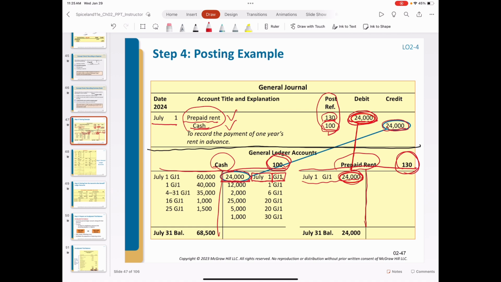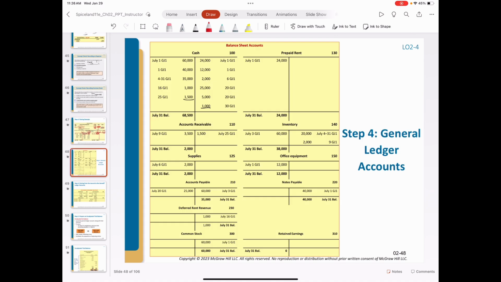This is an example of posting procedures. I won't do the posting for all the transactions we analyzed in the prior section. I only explain in the general ledger. These are all T accounts in the general ledger after we post all the external transactions we did in the prior section.